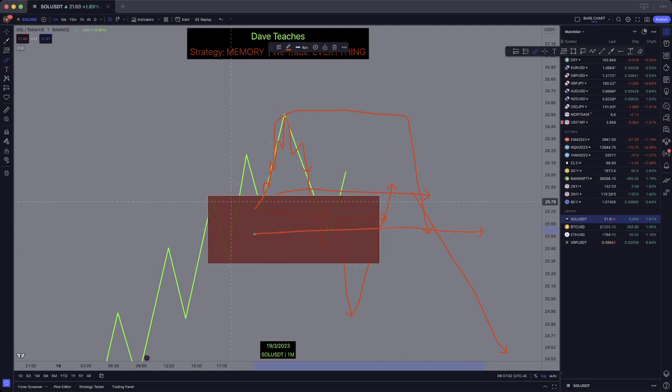Would you have remembered this tap even? Absolutely not. I don't even remember some of the taps that we tap into from a higher time frame days ago.